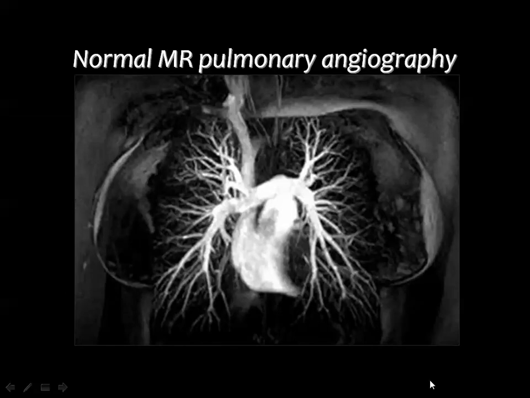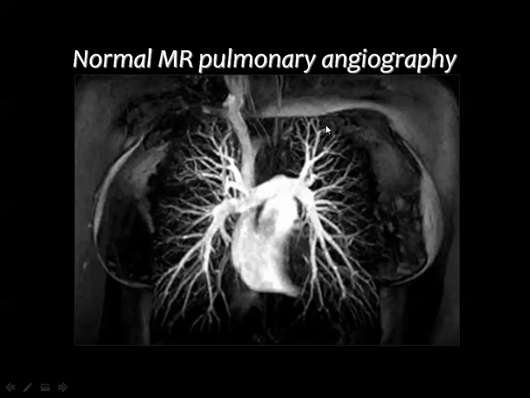Then if you have a problem with contrast injection in the CT scan, if the patient is known to have a major hypersensitivity to contrast material, or is known to have renal troubles, then you may have the advantages of MRI, considering that MR can perform pulmonary angiogram without the need to inject contrast material.